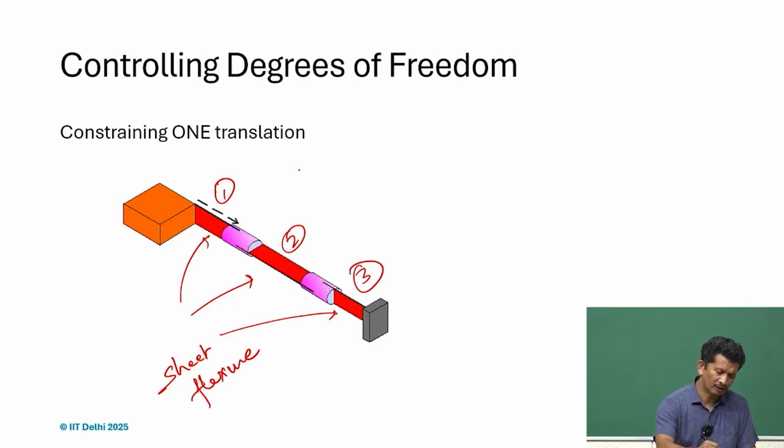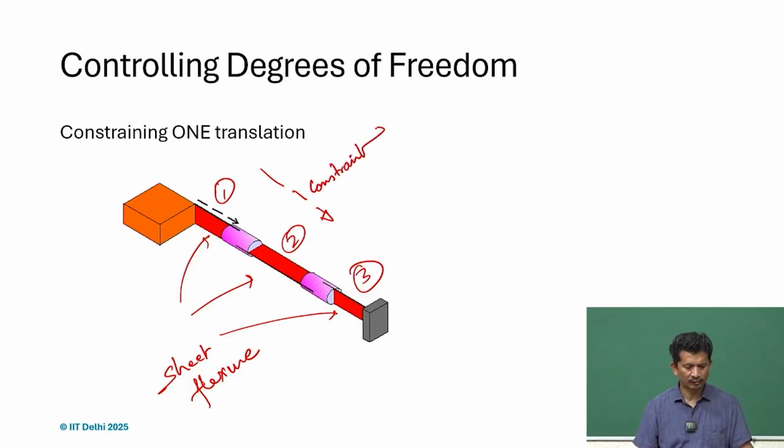Again, we can show it using the dashed line with one arrow showing the constraint. This way we can also constrain one translation.